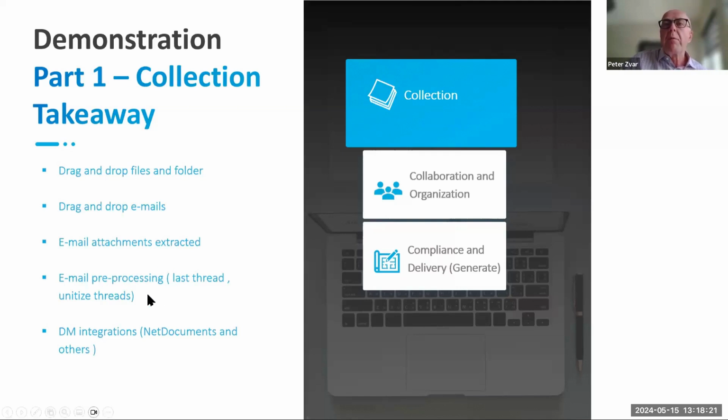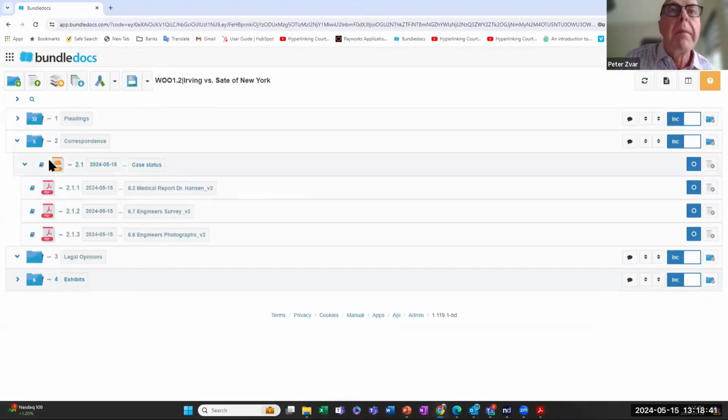I did not mention that, but as part of the upload, we could just take the last thread instead of the whole series of threads. Or on the opposite side, we could unitize the threads, meaning if there's 10 dates inside a single email, we could extract that into 10 line items. And of course, the DM integration, as I demonstrated before.